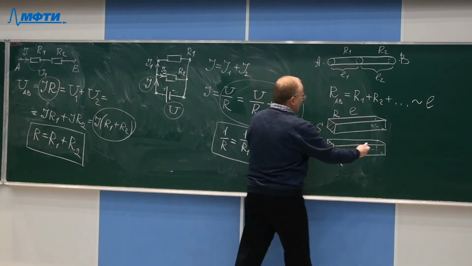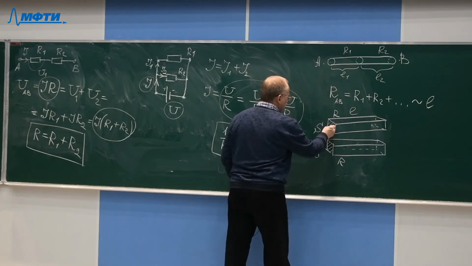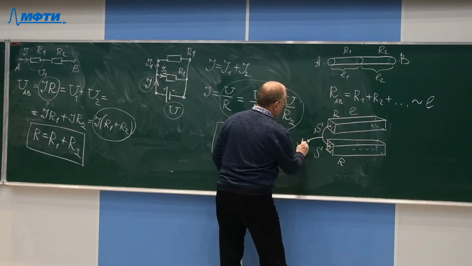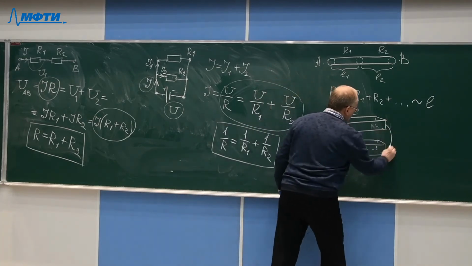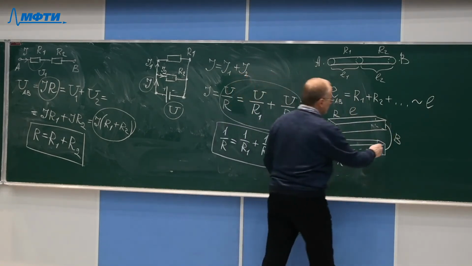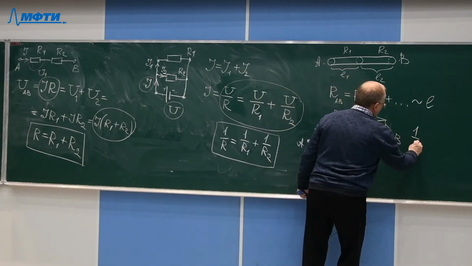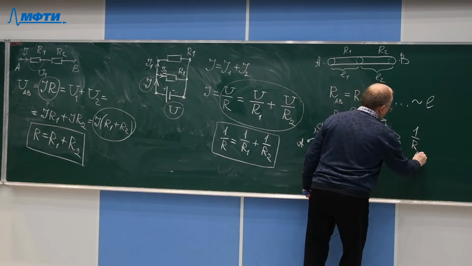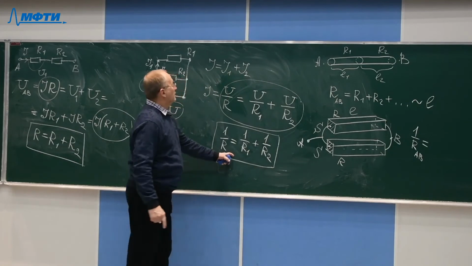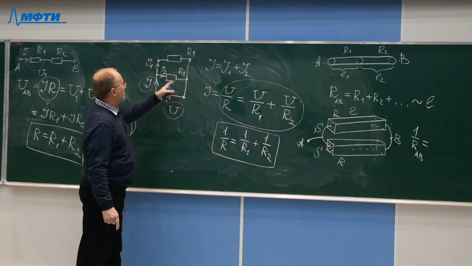And if we connect these wires in parallel, that is, if we connect this point and this point, and consider the resistance between points A and also between point B, if we connect these 2 points, then the resistance between points A and B will be calculated according to this formula for the resistances connected in parallel.